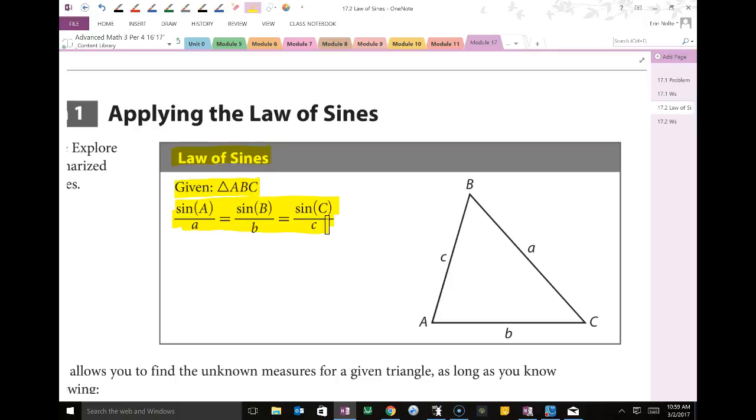It's important for you to note that you can only use the law of sines if you have an angle and its opposite. I would write that down.